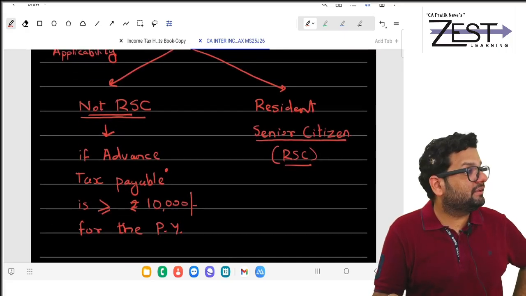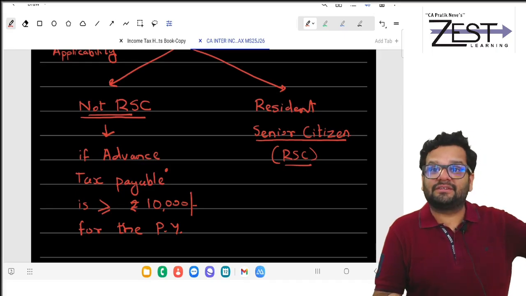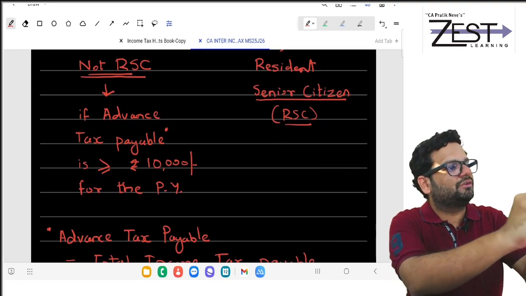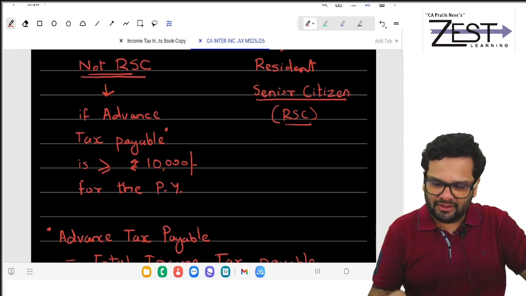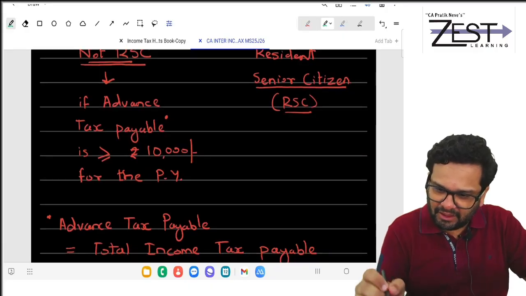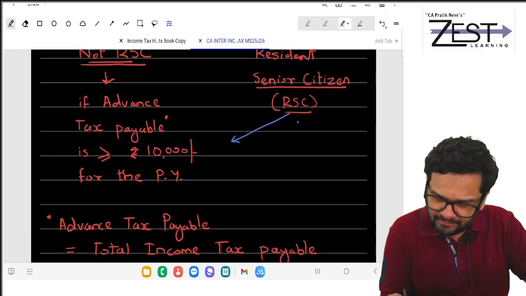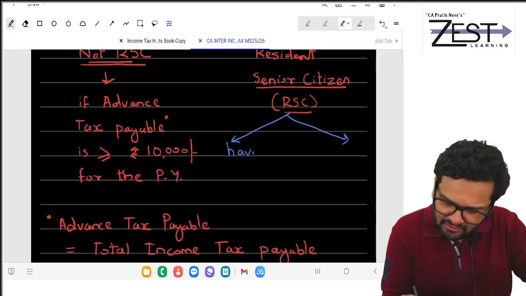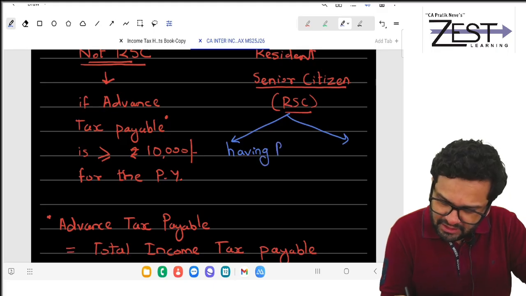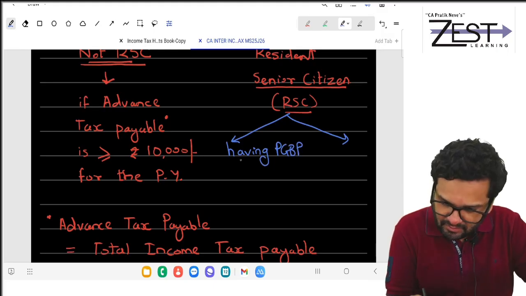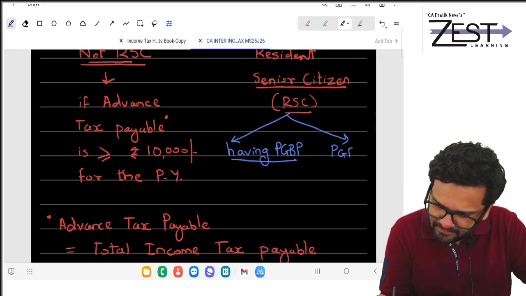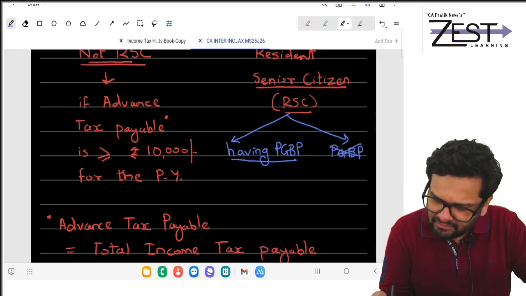Now, when you are a resident senior citizen, then the government says we don't want to trouble you with provisions of advance tax. But there are two possibilities in this: having PGBP, and second, not having PGBP.